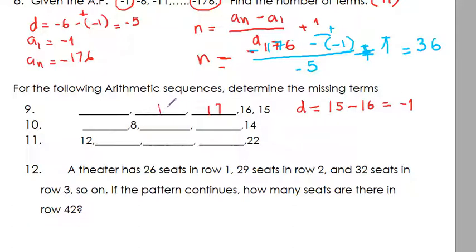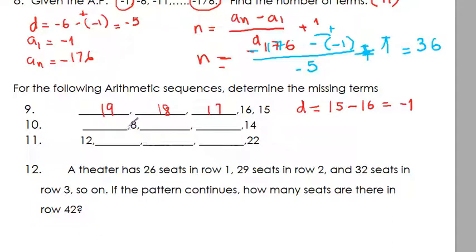I can see the pattern here. So 15, 16, 17, 18, and the last one is going to be 19, correct? I think so. It seems good. Okay, number 9 finished.